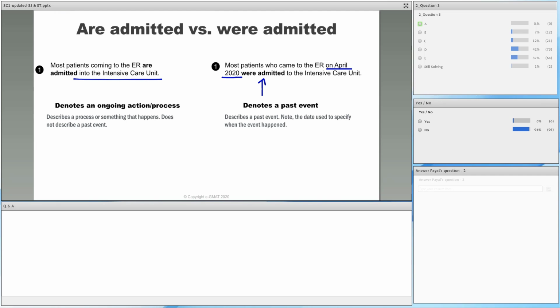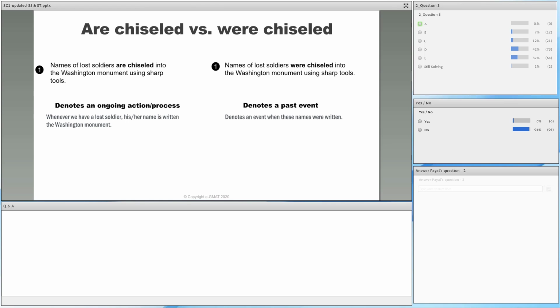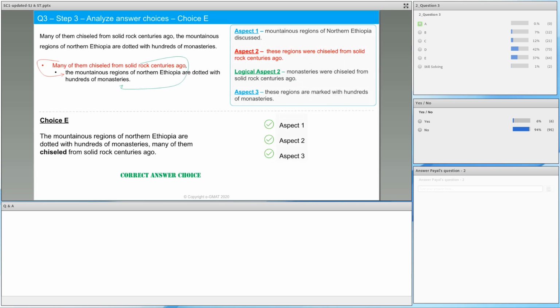We have to use "were admitted." That's the difference between the present tense action and the past tense action. So it is very, very necessary to use correct verb tenses to present the action in proper fashion, to get the logical meaning. We have a few more examples that you can take a look at, but that is what was incorrect with choice D.